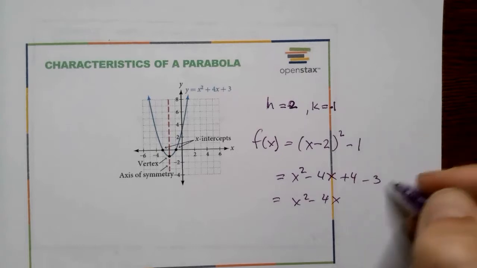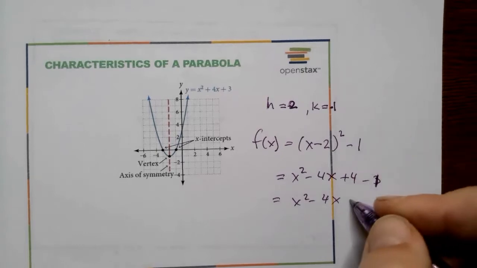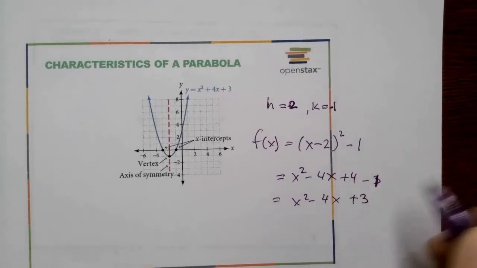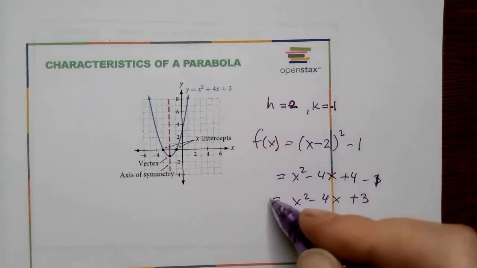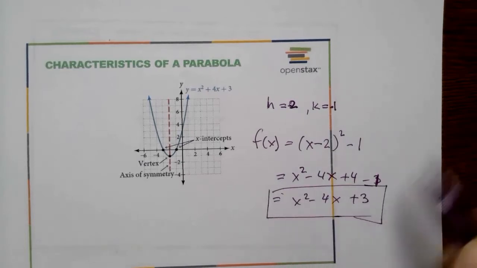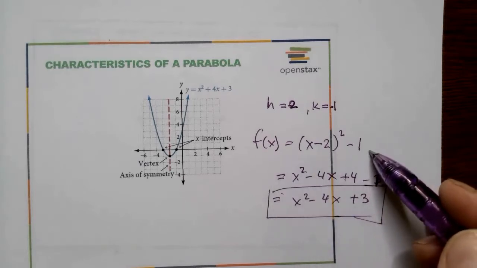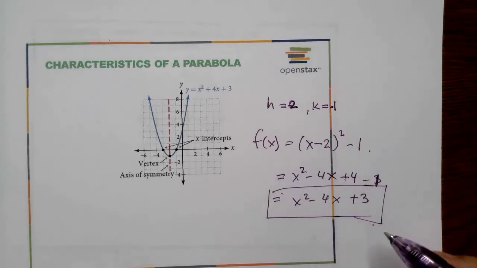I mean, minus 1. I'm sorry, guys. I'm thinking and writing at the same time, and sometimes I think ahead of myself. So this form is called the general form of the equation, and that's how you go from the standard form to general form.